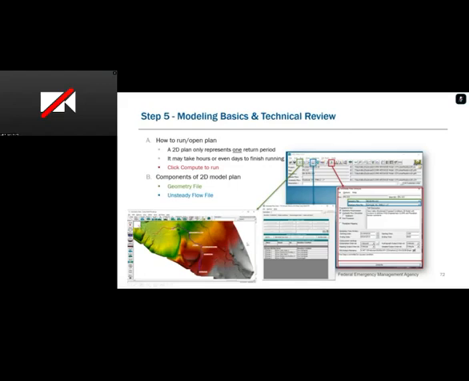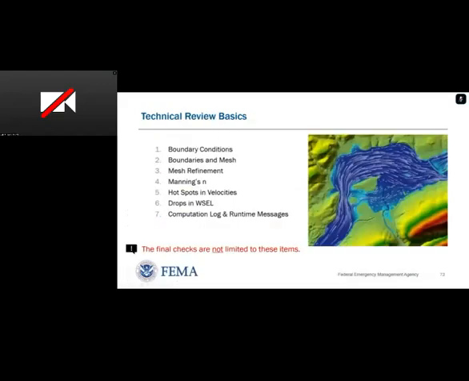So this is the geometry within the project area and the flow you're putting into that project area, and then together you will run your analysis for that return period. So assuming that's been done, you're starting to run your model, you have the results. There's a lot that goes into the final technical review, so we're not going to get into all of it today, but we are going to touch on these key topics so you have a frame of reference as you begin your review.